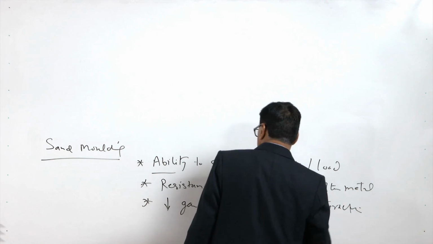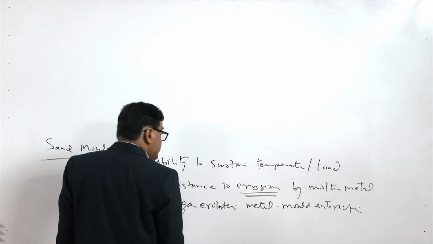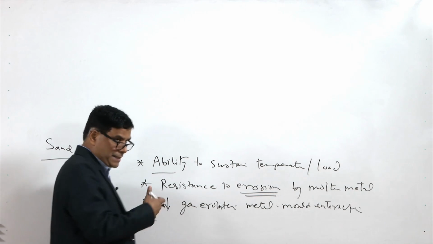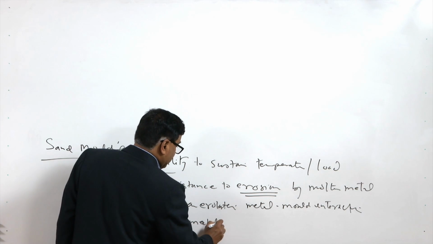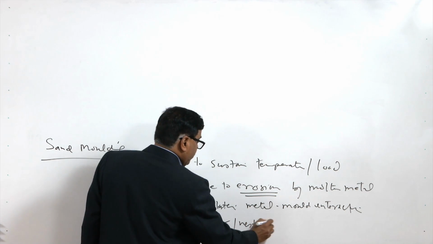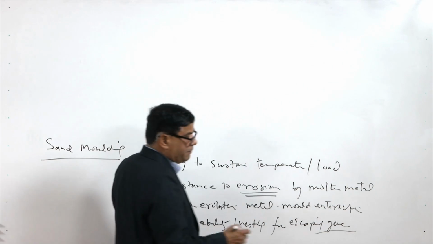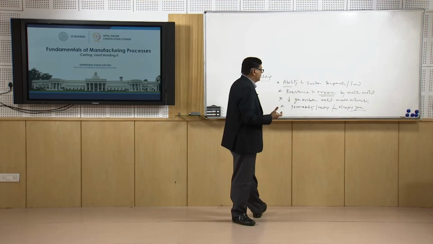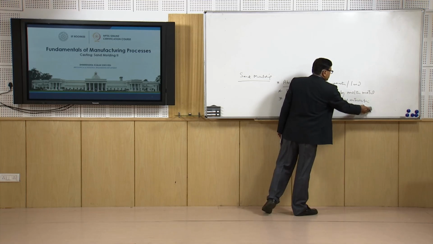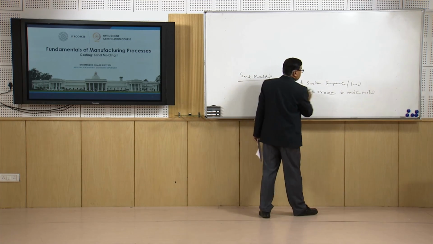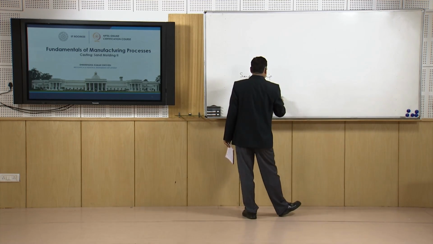So, undesirable gases should not be generated much due to the mold metal interactions, and even if these are generated, or even if gases are present in the mold wall, then it should provide enough permeability and venting for the escape of the gases, so that undesirable gaseous defects like gaseous porosity, inclusions, blowholes, etc., are not formed in the casting, which ultimately would make the casting sensitive to defects.